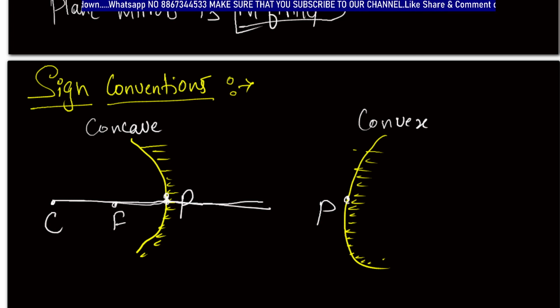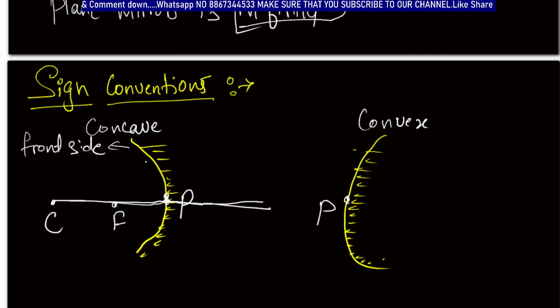In a concave mirror, the focus and the center of curvature always lie in front of the mirror. This is the front side of the mirror.